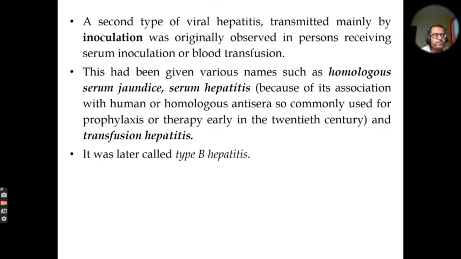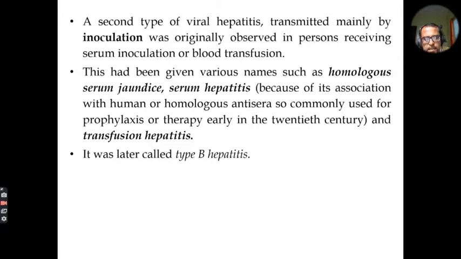And those group of viruses which are transferred mainly through blood samples or serum samples by the inoculation mode are known as transfusion hepatitis. The infection that is transferred we call transfusion hepatitis or serum hepatitis, and it is later known as type B hepatitis.